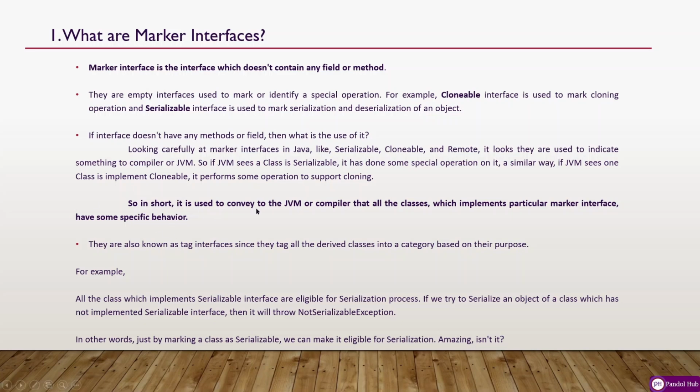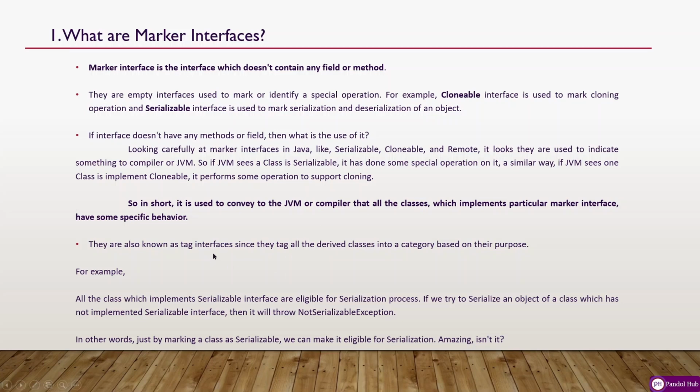So in short, it is used to convey to the JVM or compiler that all the classes which implement a particular marker interface have some specific behavior. So basically, marker interfaces are empty interfaces with no fields and methods, but they are used to mark a particular class with some specific behavior so that the JVM or compiler would identify our class and mark that behavior by default on it based on the interface that we have implemented.